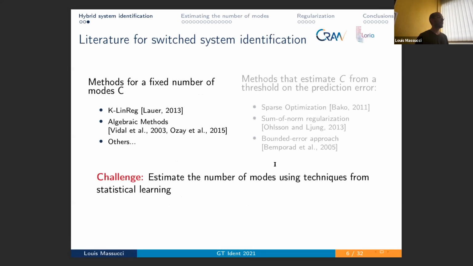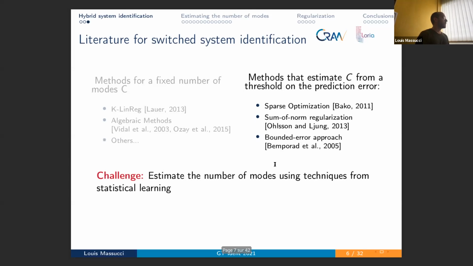Over the last 20 years, the literature proposed a lot of methods to identify such models. Here I distinguish two types of methods. There are methods for a fixed number of modes C. Here we need to fix a hyperparameter which corresponds to the number of modes of the switch system in order to identify the model.